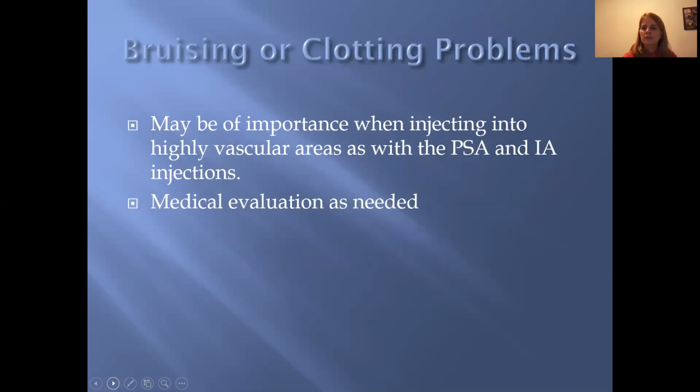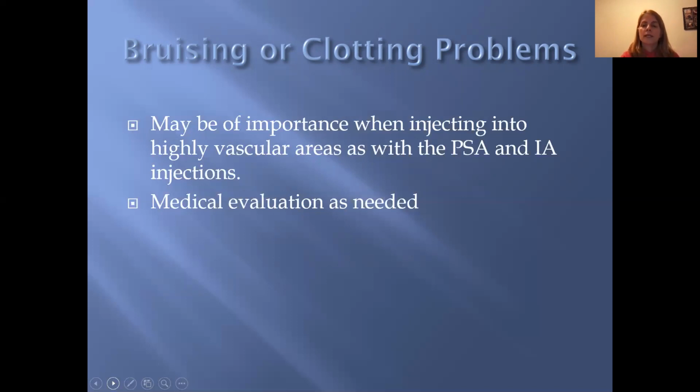For somebody who has bruising or clotting problems, we want to watch technique and the vascularity of the area.